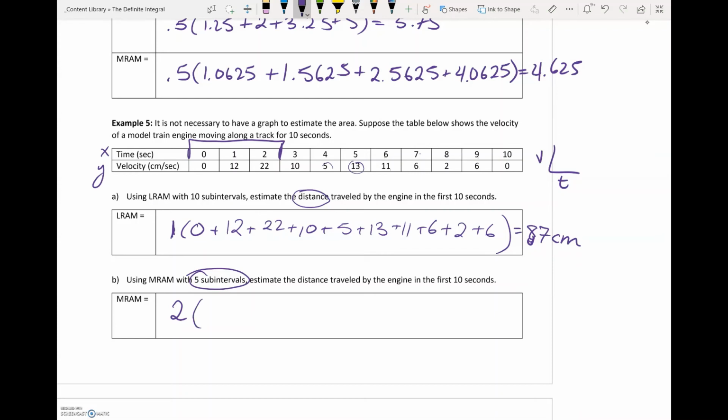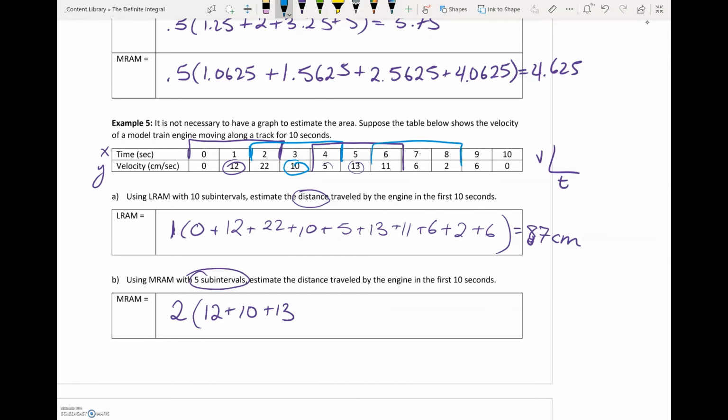So our first interval is between 0 to 2, and that middle number is going to be 12. And then our next one's from 2 to 4. And the middle velocity is going to be 10 in between 2 to 4. And then we're going to look at 4 to 6. That middle number is going to be 13.